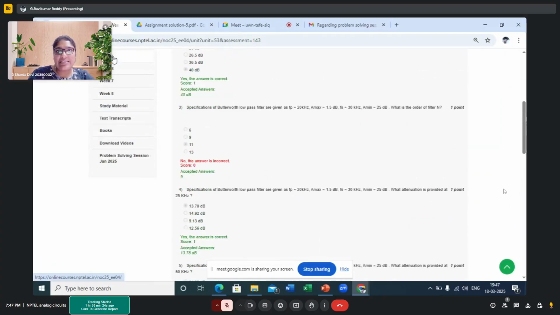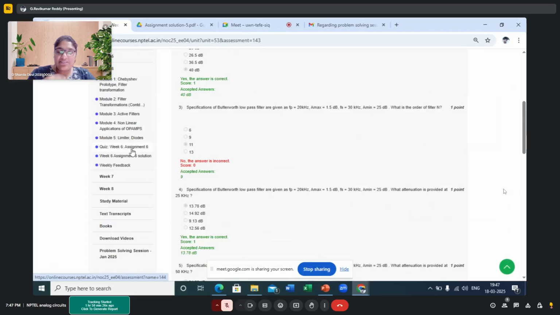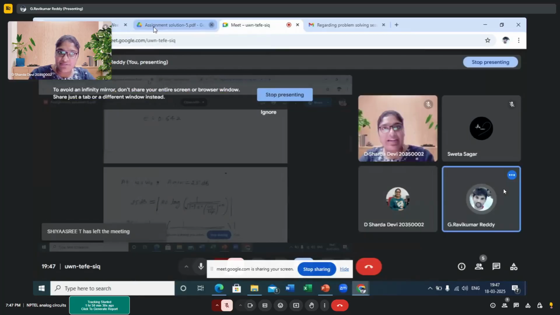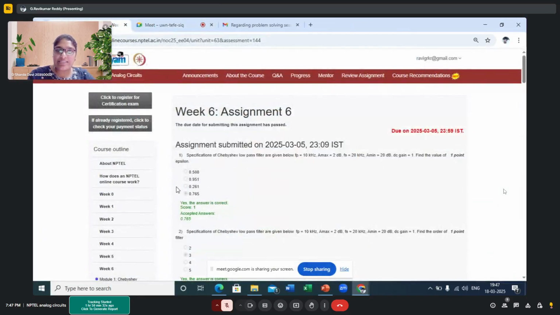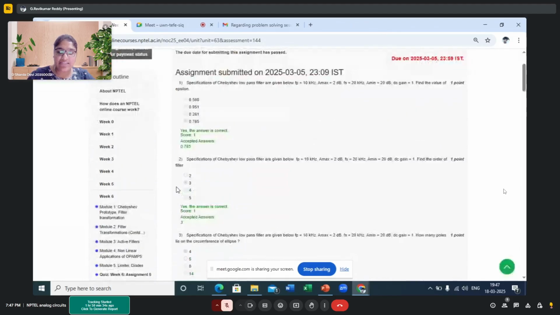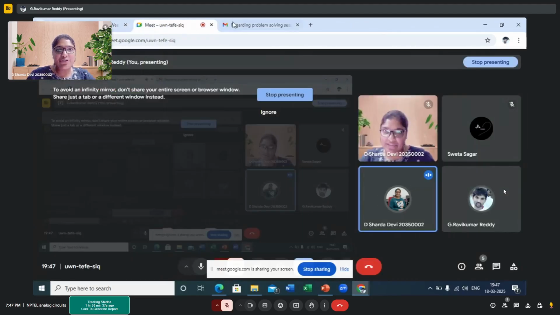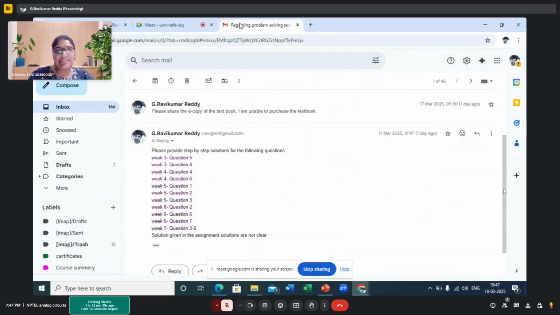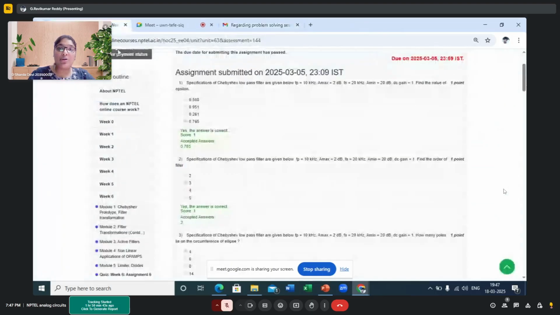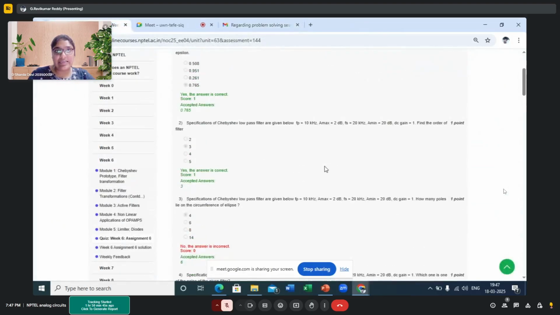Because Butterworth filter is a whole topic. Butterworth filters already have transfer functions for first order, second order, third order, fourth order. Their transfer functions are already fixed. You can refer to some standard signal processing books where they focus more on filter designing.